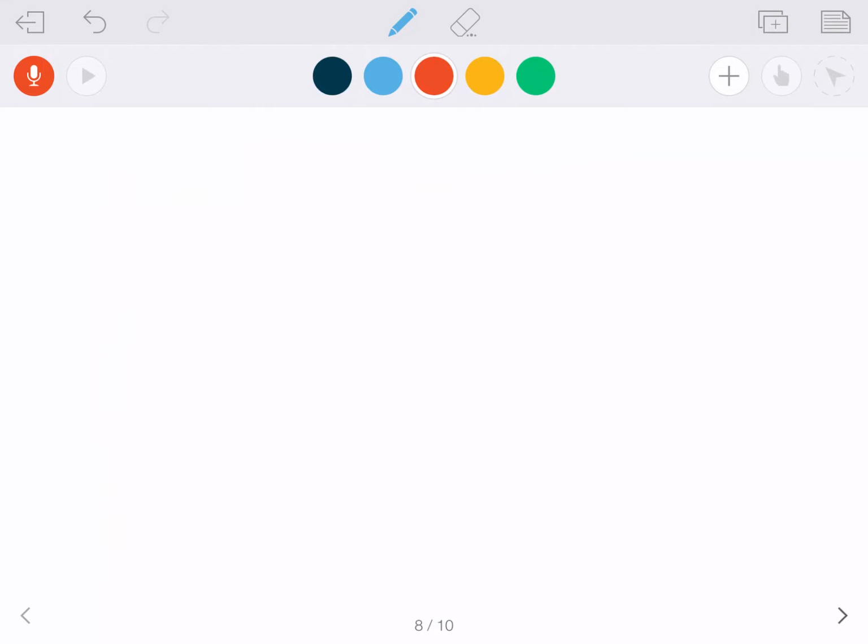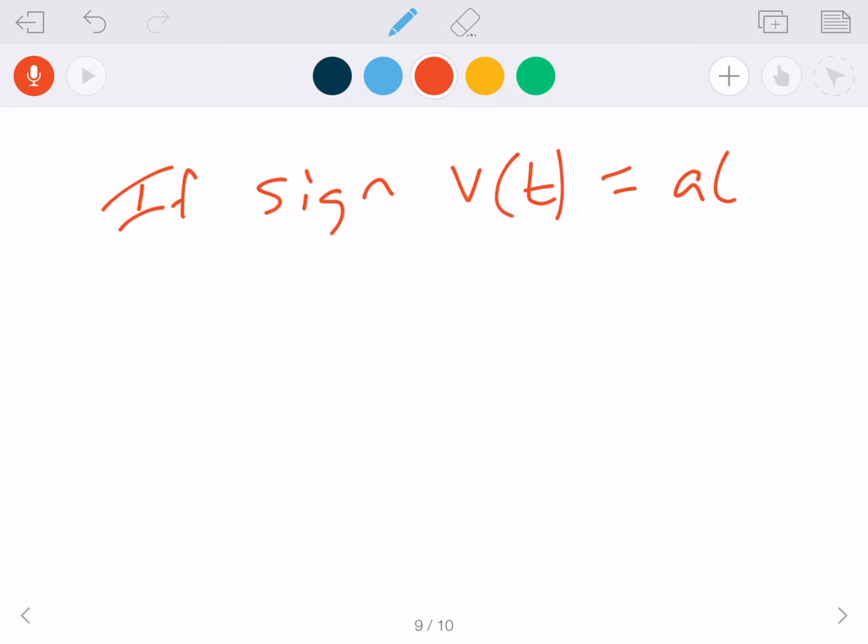The other thing I really need you to know is if the sign of velocity matches the sign for acceleration, so if they're both positive or if they're both negative, that tells you that the object is speeding up.